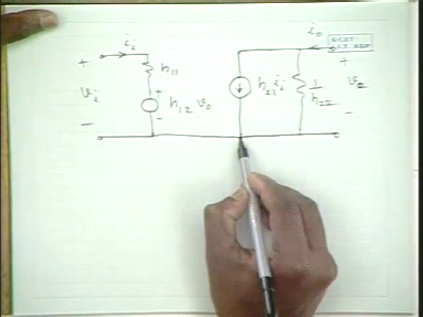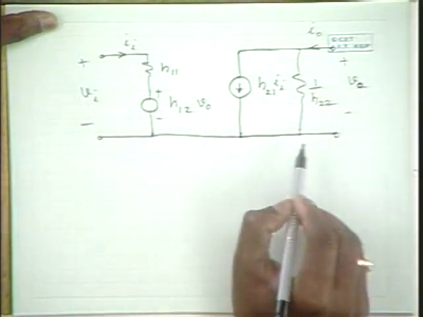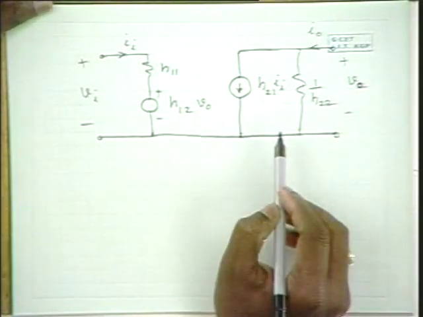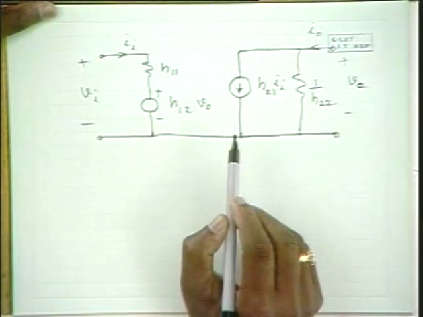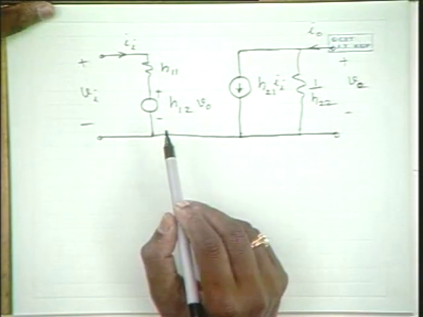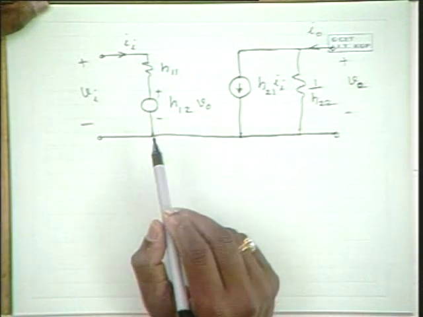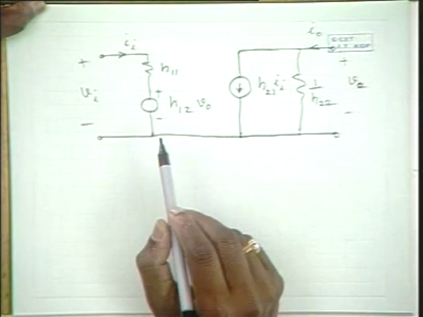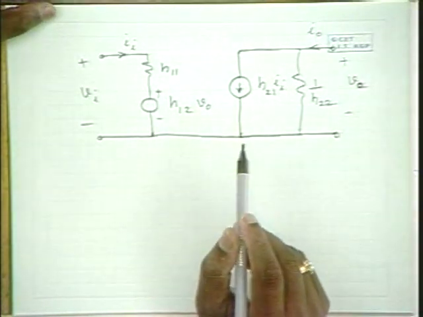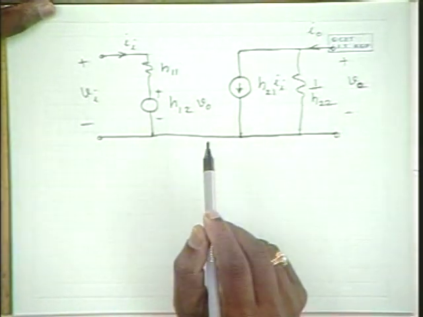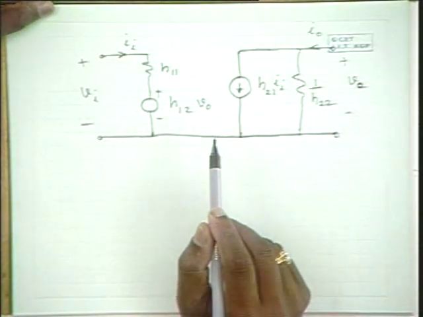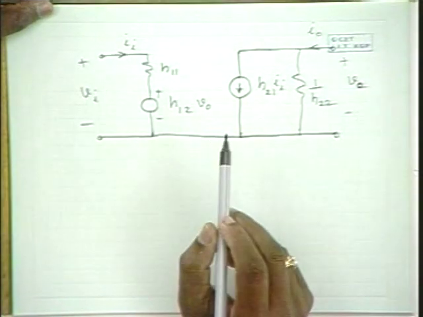So I repeat, when one of the terminals is common between output and input, which is usually true in the case of transistors, because the transistor is a three-terminal device, and when you use it as an amplifier, either emitter is common or base is common or collector is common. That's why we have common emitter, common base and common collector amplifiers.